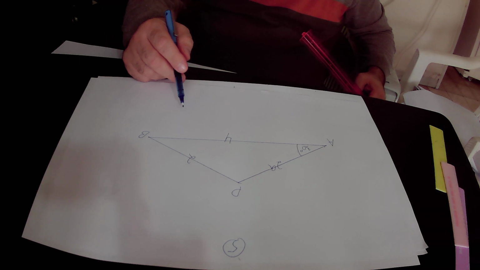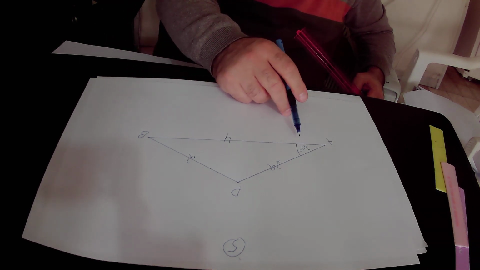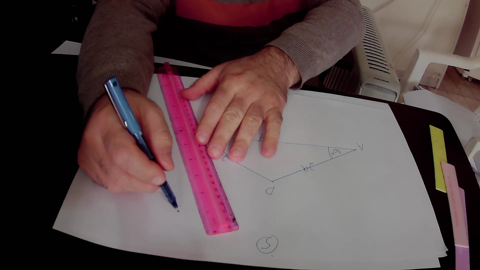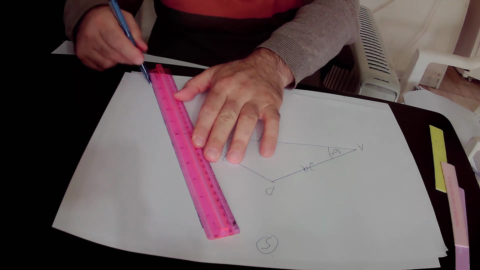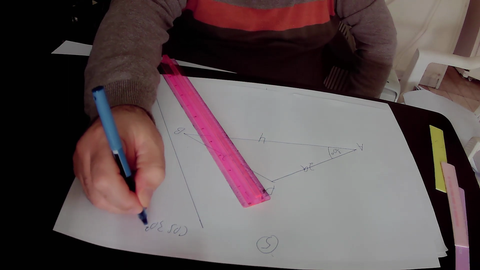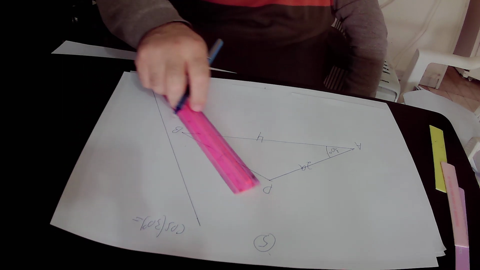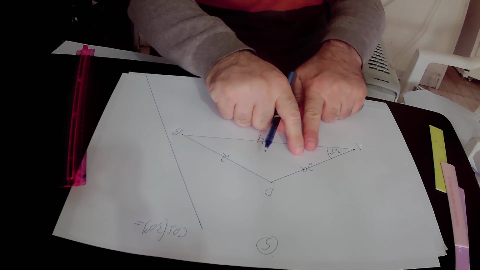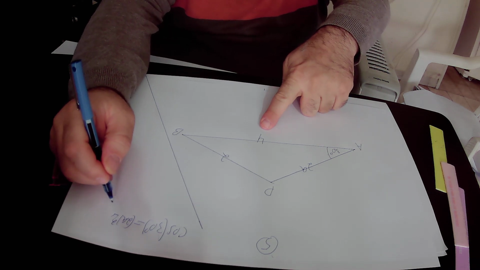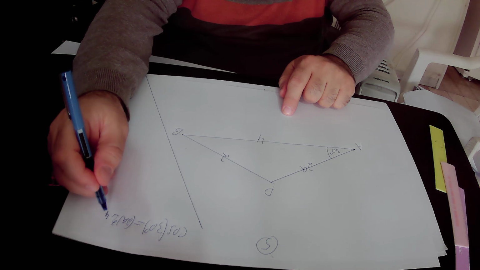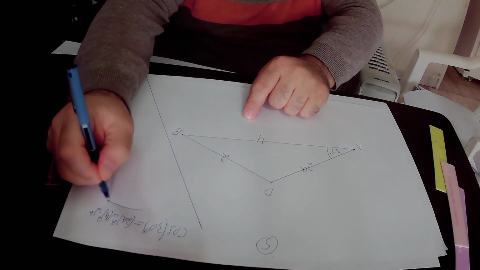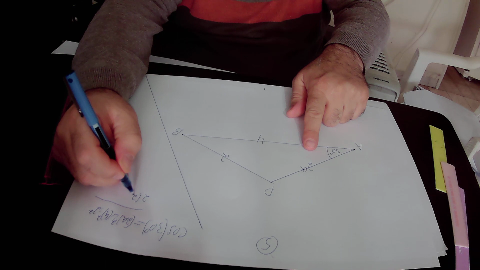According to the law of cosines, cosine 30 degrees will be equal to 2a squared plus 4 squared minus 2 squared over 2 times 2a times 4.